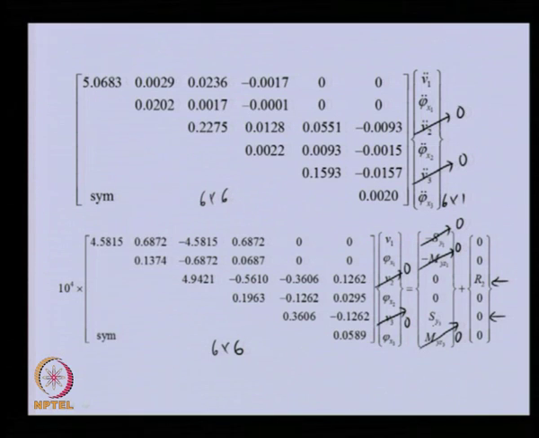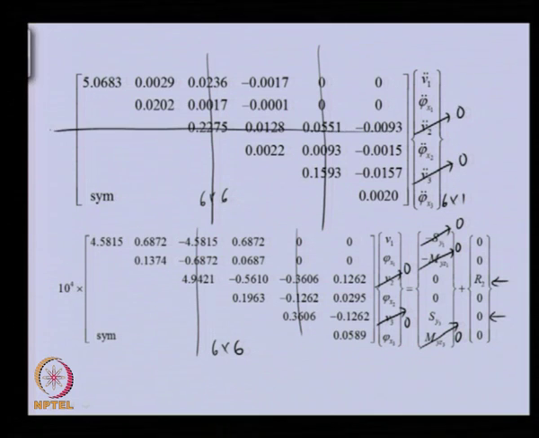So basically if you see, the third row and fifth row we will eliminate from both mass and stiffness matrix. Third row and third column and fifth column, and then corresponding rows also. So this row and this row we will eliminate.